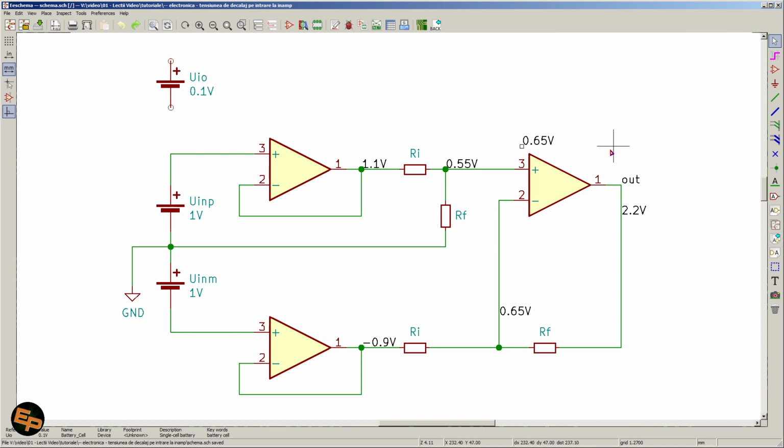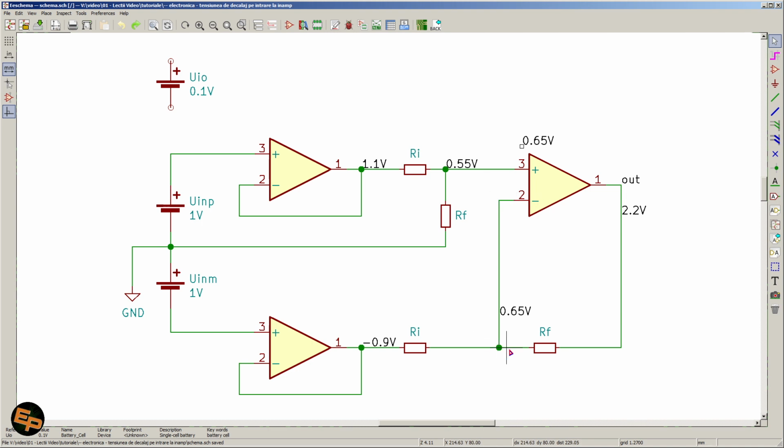Now, as we know, op-amps in such a configuration will attempt to do whatever possible with the output voltage so that they keep both input voltages equal. So if we have 0.65 volts on the plus input, the op-amp will try to make it so that it will also have 0.65 volts on the minus input.